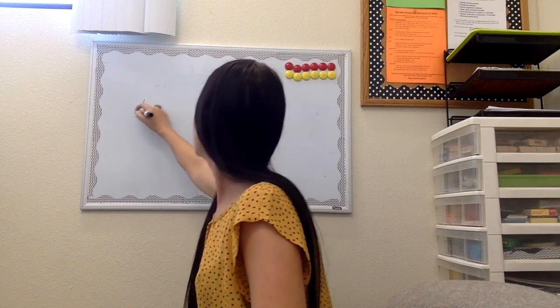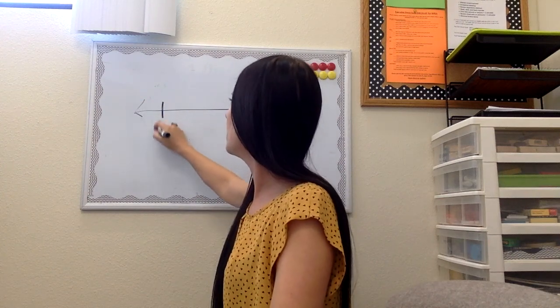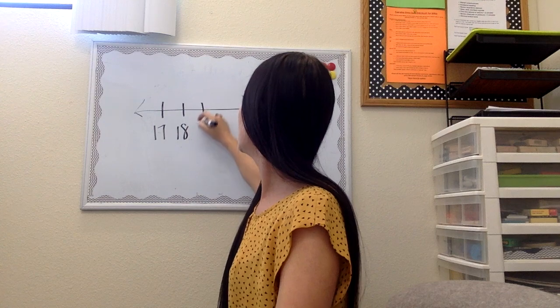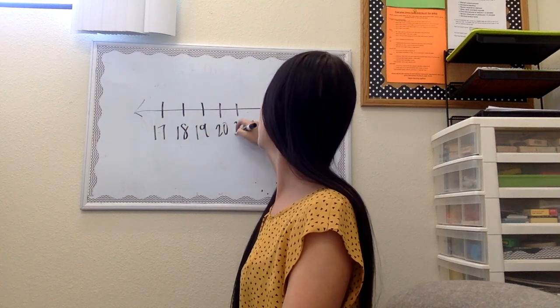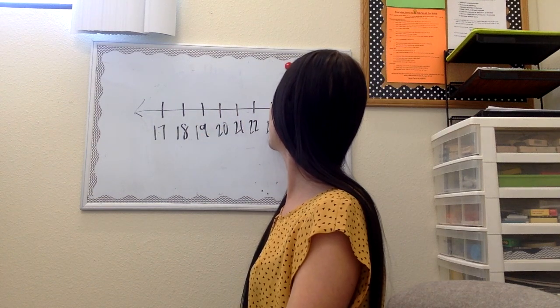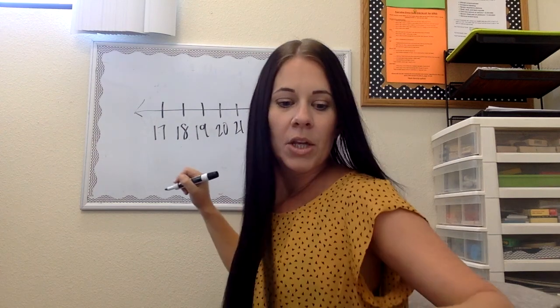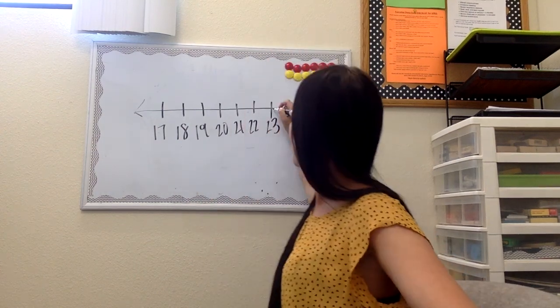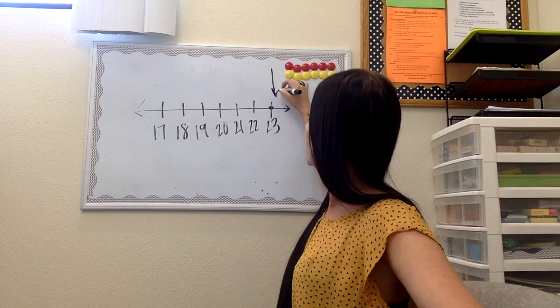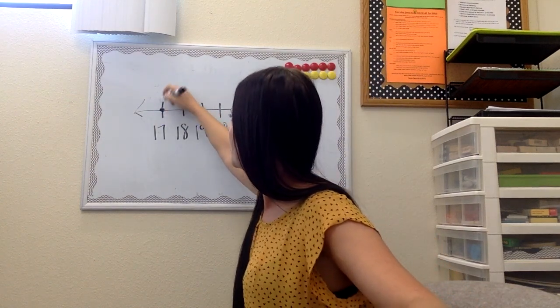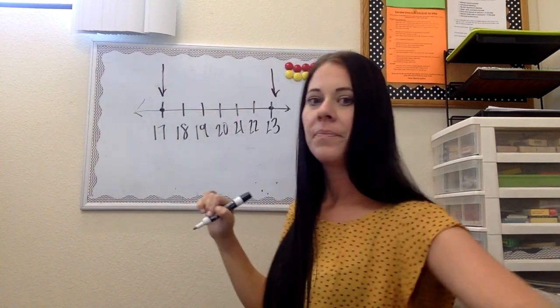So on a number line, if I start at 17, and I go 18, 19, 20, 21, 22, 23. Okay? So in 2010, this is how much rain. And in 2011, the next year, they only received this amount of rain.